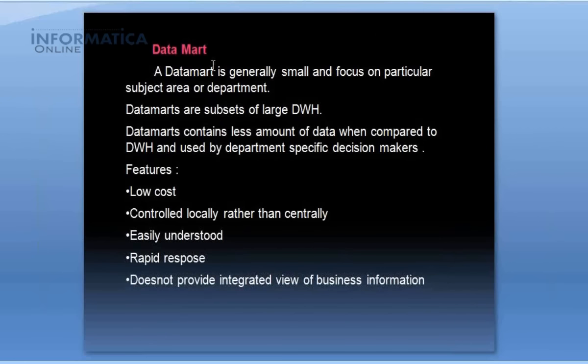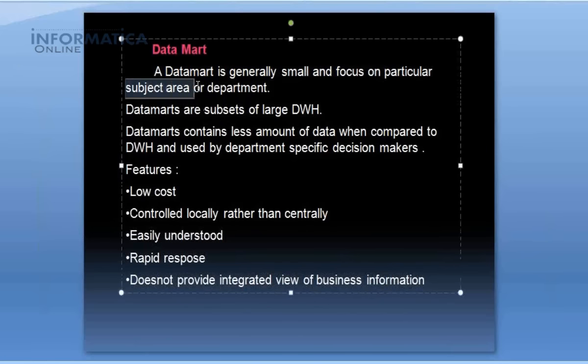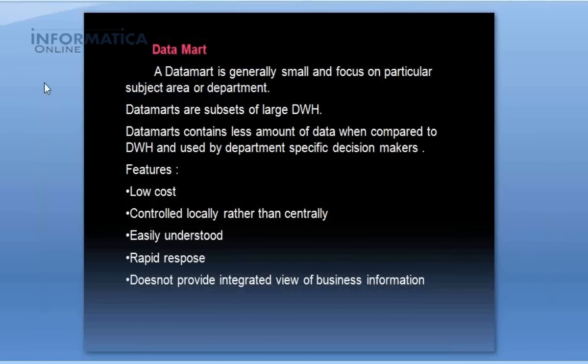So a data mart is generally small and derived from the data warehouse, and it contains the single subject area information. We call the full data warehouse an enterprise data warehouse, where it contains data across the enterprise.